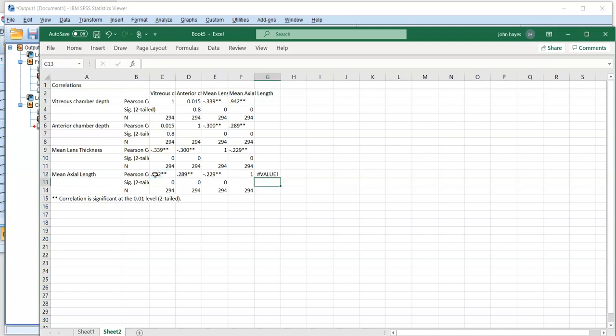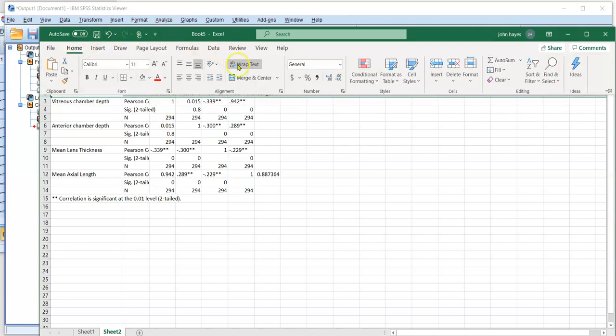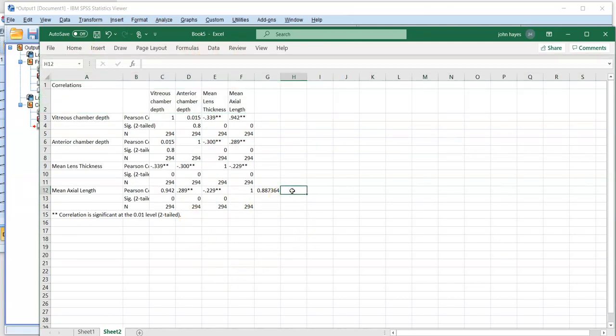Now this isn't going to work, so what we have to do is get rid of those little stars. So 89% of the variance of axial length is accounted for by vitreous chamber depth. Let's wrap our text. And then this one, just copy these, and we have to get rid of the asterisks.